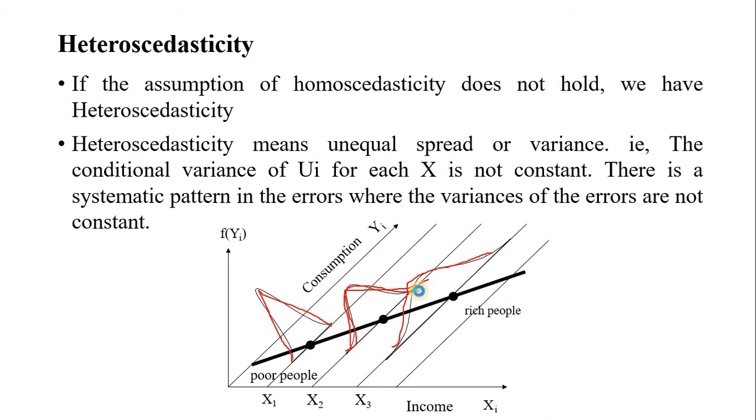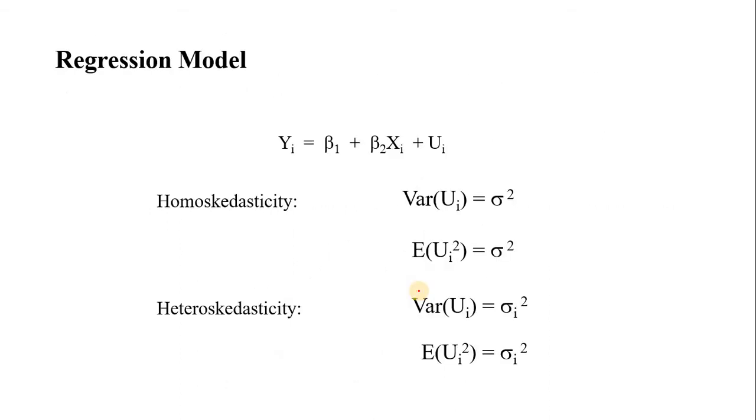So there is heteroscedasticity here. In your locality there are different income groups, and they behave differently. So there is a problem of heteroscedasticity. Suppose this is your equation: y equals beta 1 plus beta 2 xi plus u.